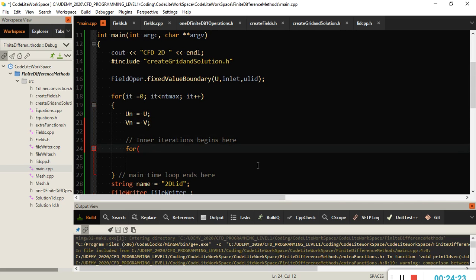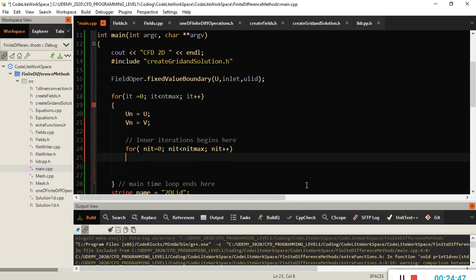Right, so for nit equal 0, so n inner iterations equal to 0, nit is less than nit max, then iterate.